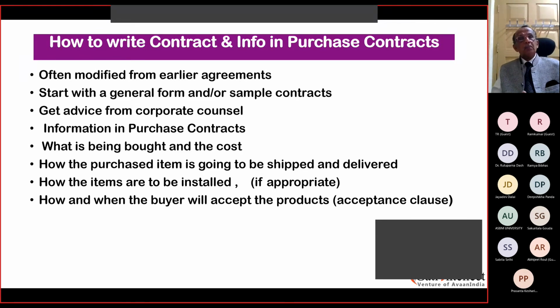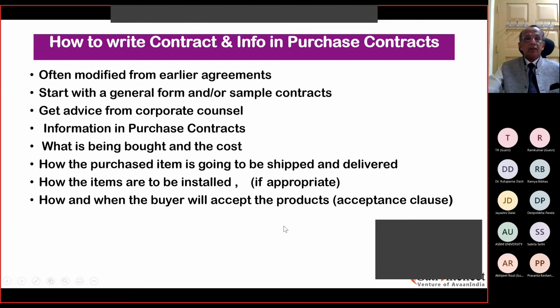Is it 1 month or only 2 weeks? Whatever it is, it should be incorporated in the contract itself. Right, any questions? Are you understanding the intricacies involved in the contracts?